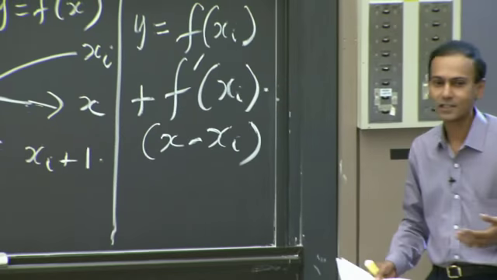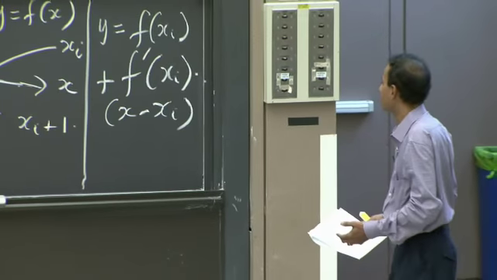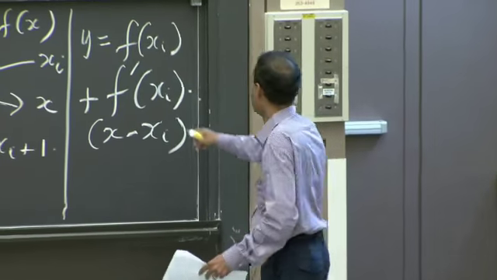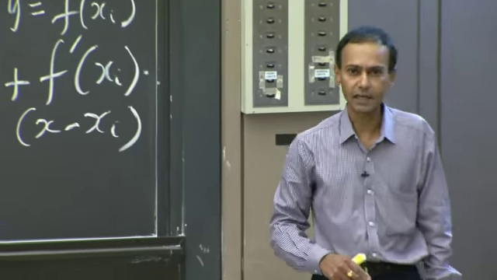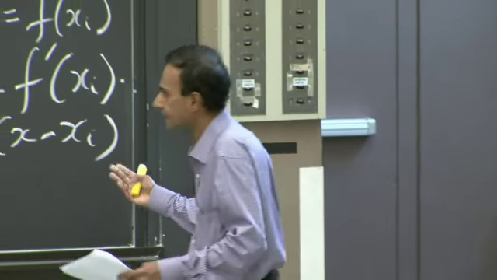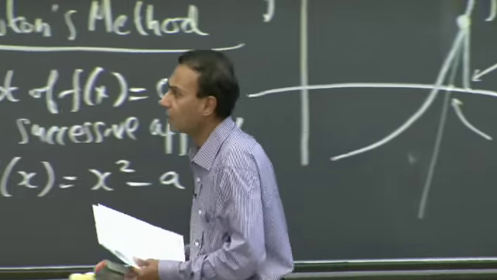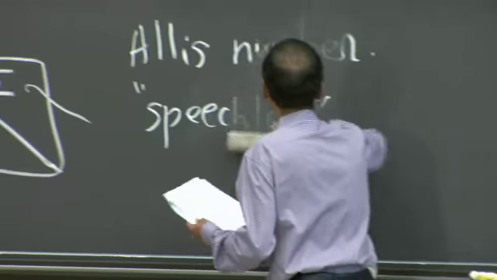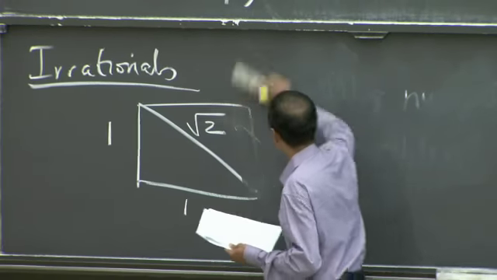So y equals f of xi plus f prime xi, which is the derivative of f evaluated at xi, times x minus xi. That's the equation for the line. And that's essentially what we have to do to compute things like square root of 2, which is to iteratively apply Newton's method.